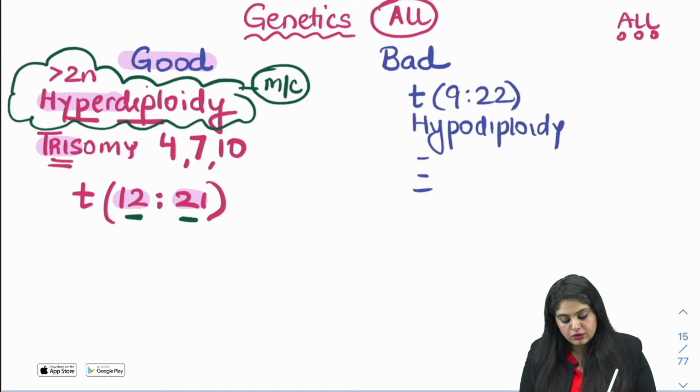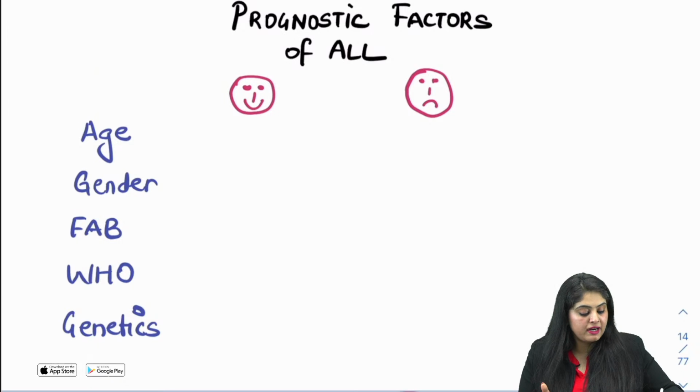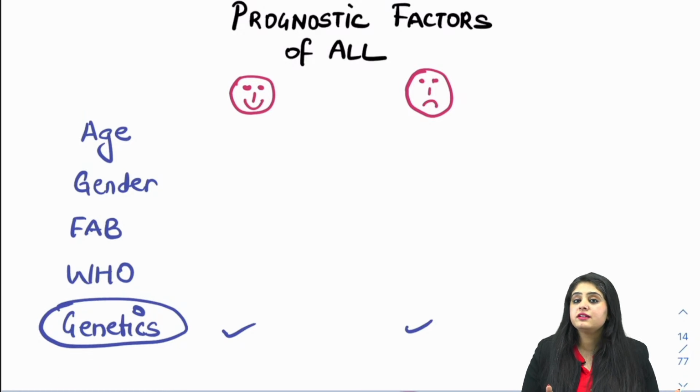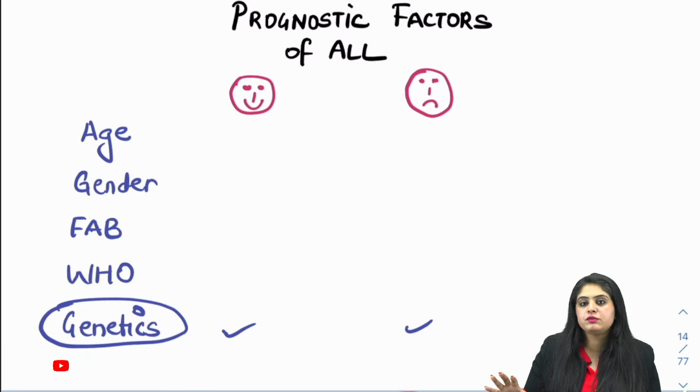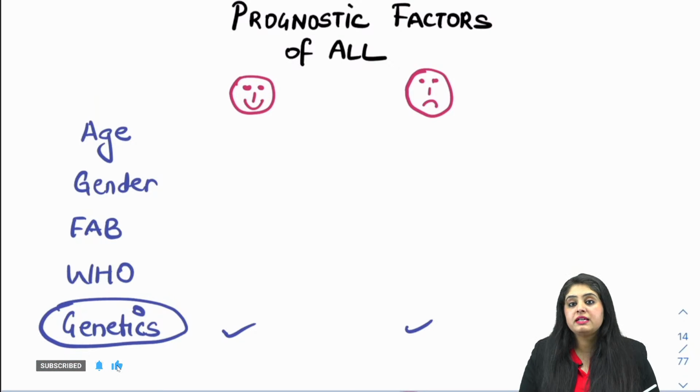Now coming back to your question, when we are doing the prognostic factors and we've done the genetics part of it, let us do the other prognostic factors. This year's papers you have to study, and every paper this year had a prognostic question on ALL. So remember, first is going to be the age.